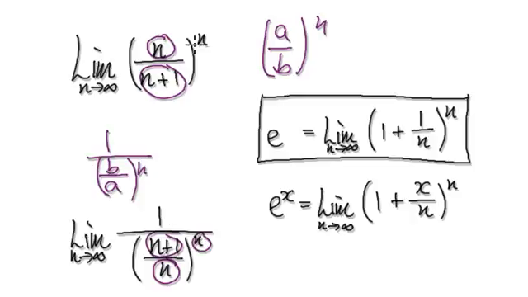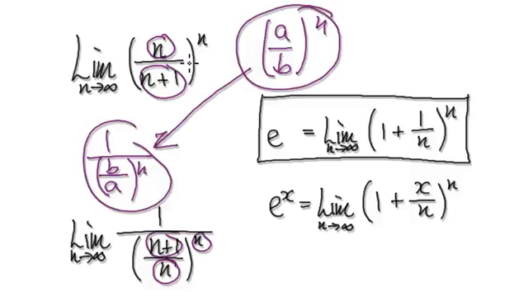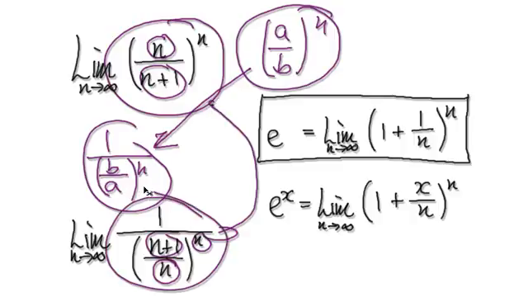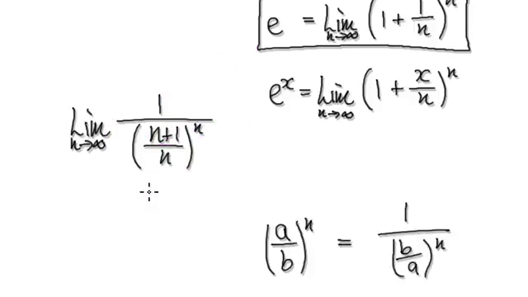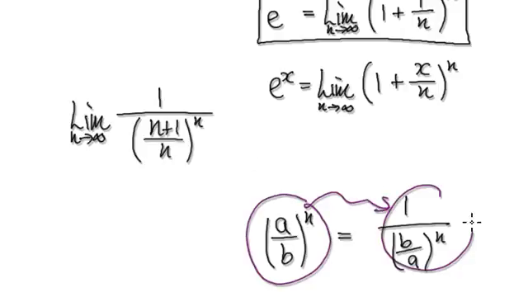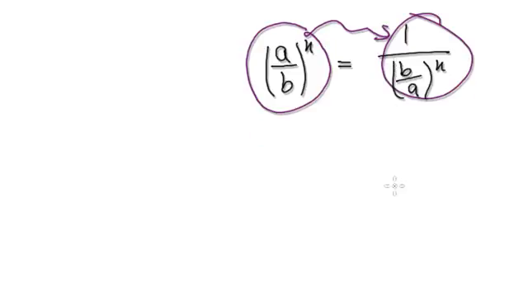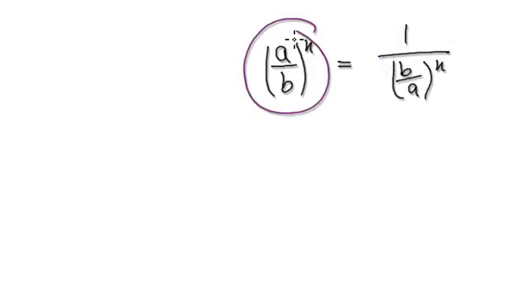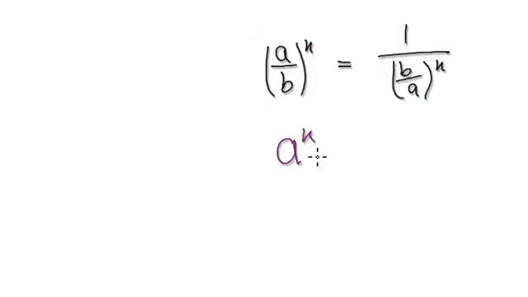So basically, I need to show you how you can get from here to here. So that's the same as me showing you how to get from here to here. So imagine this to be a to the power of n over b to the power of n.